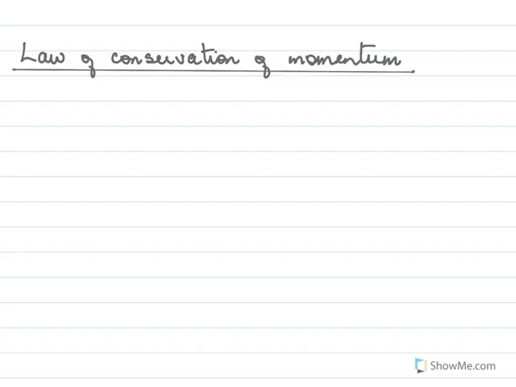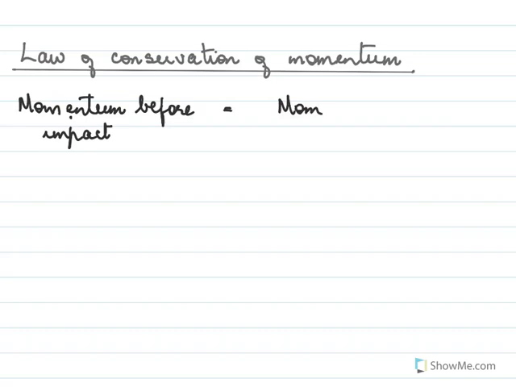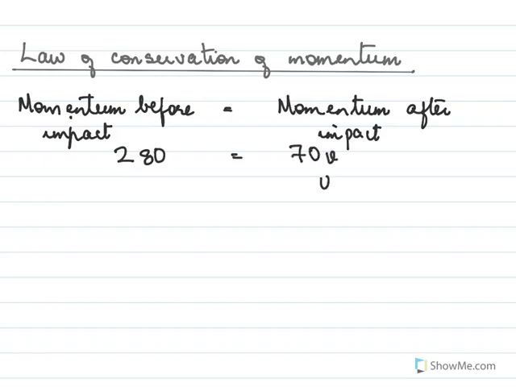So by the law of conservation of momentum, we have momentum before impact equal to momentum after impact. Now momentum before impact we calculated as 280, and after impact was 70 v.